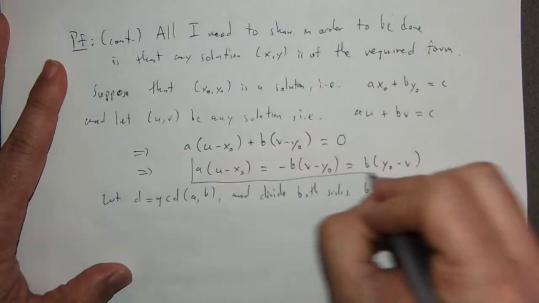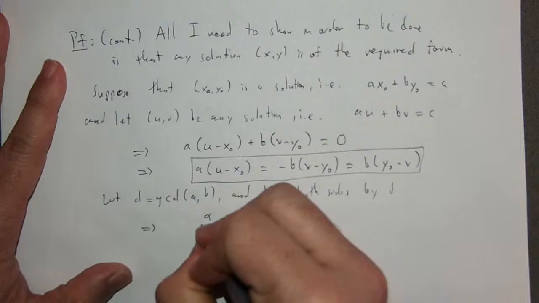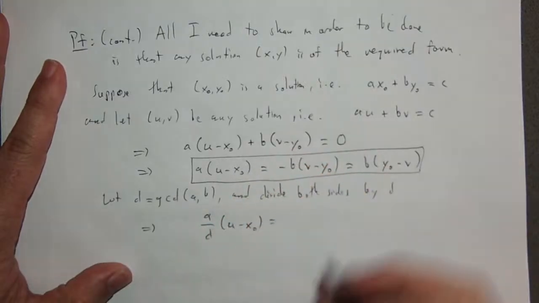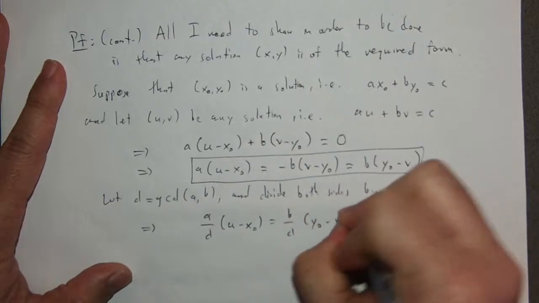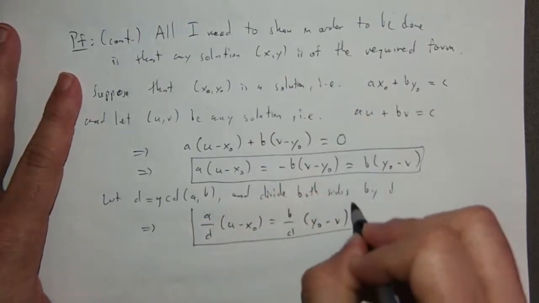So looking at this expression, divide both sides of that by d. What I get is a over d times (u minus x naught) is equal to b over d times (y naught minus v). Okay. All right, so I'm almost there.